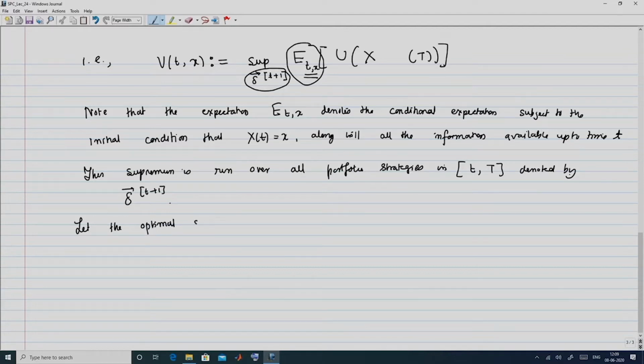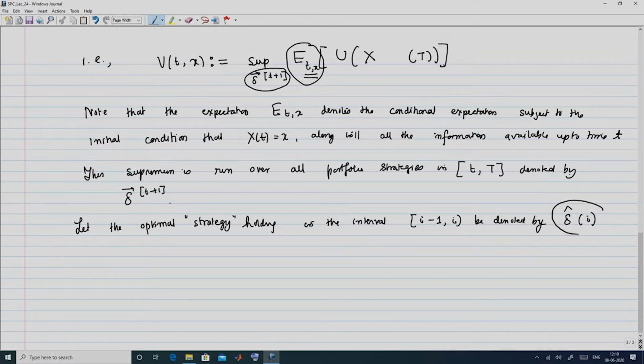Accordingly, let the optimal strategy holding in the interval I minus 1 to I be denoted by delta hat of I. So, before optimization this was the delta vector I, and once it has been optimized, delta hat of I is going to be that particular portfolio which is the optimized portfolio in the interval I minus 1 to I, driven by the objective of calculating the supremum of the expected utility in that particular time interval.